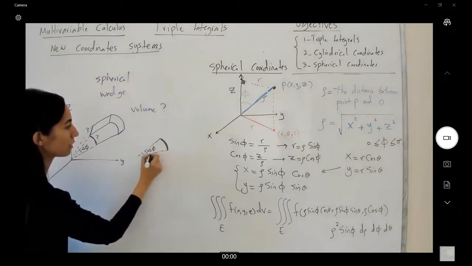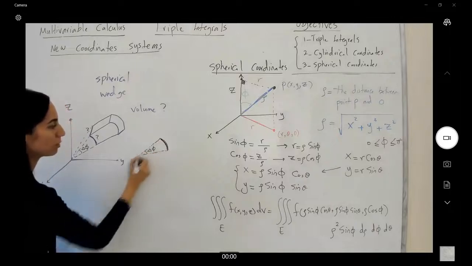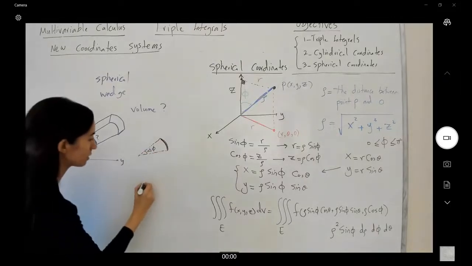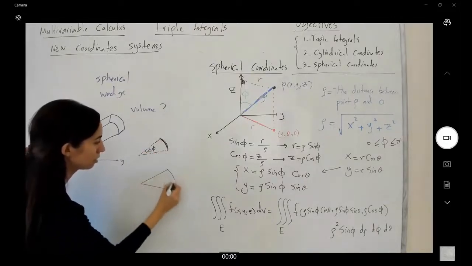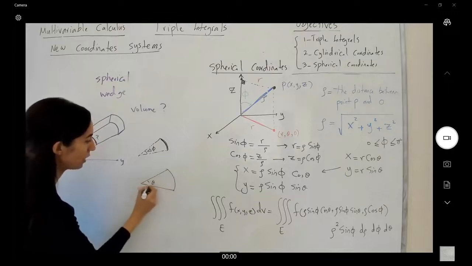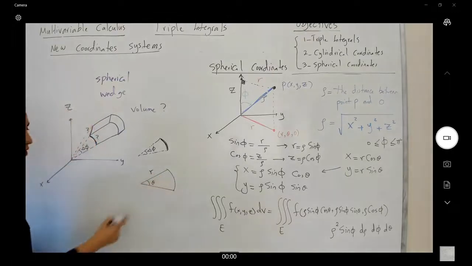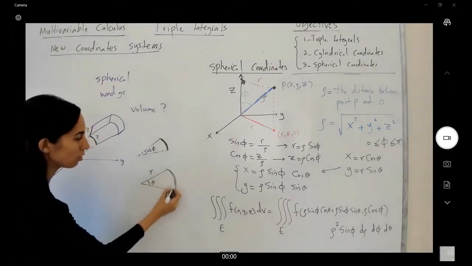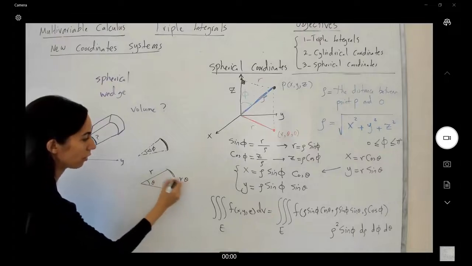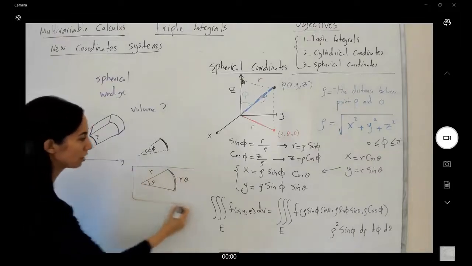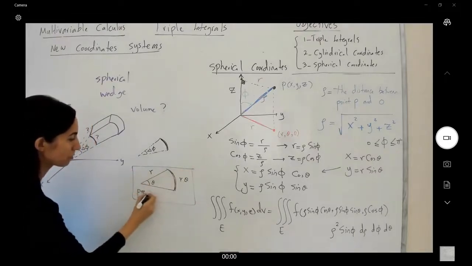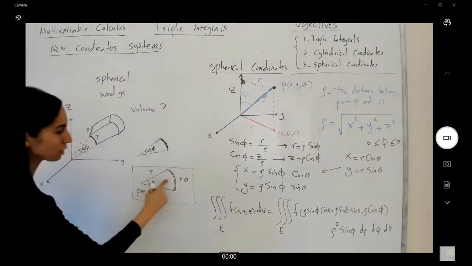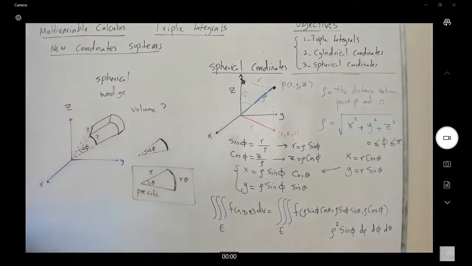What is this arc length? Remember that in general, if you have a slice of a circle with central angle theta and radius, for example, r, this arc length is equal to r theta. This is what you learned in pre-calc. Arc length is equal to r theta.